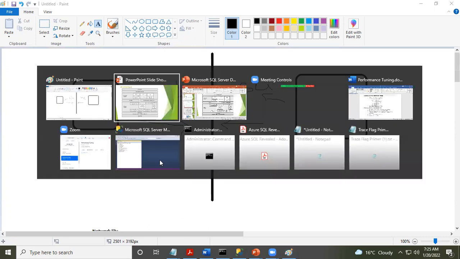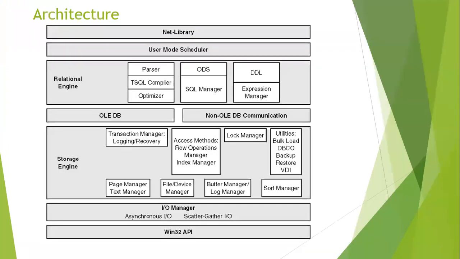So how will SQL Server and the application communicate with each other? Whatever network library or network protocol the client is using, SQL Server should have the same network library enabled.